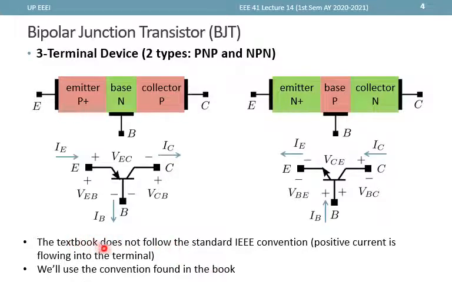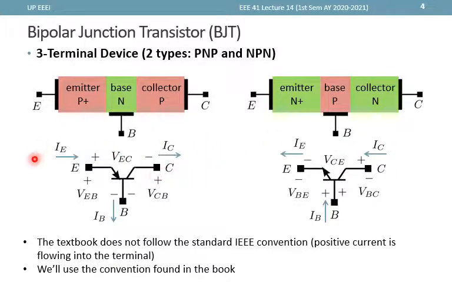However, this notation does not follow the standard IEEE convention, where positive current flows into the terminal, meaning under IEEE convention, IE, IB, and IC all point towards the device regardless if it is NPN or PNP. Now, that convention can be most commonly found in simulators. However, in our discussion, again, we'll follow this notation right here.